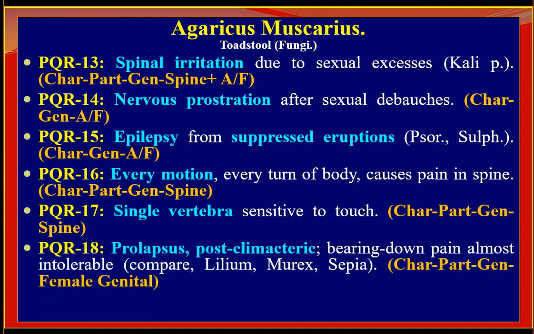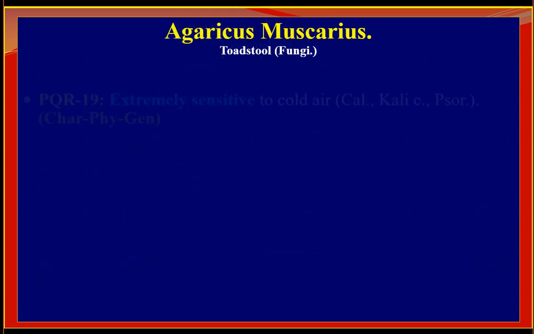And PQR 18 is prolapsus post-climacteric, bearing down, pain almost intolerable. And we have here comparative remedies: lilium, murex and sepia. It is a female symptom, generally you will find in post-climacteric phase.